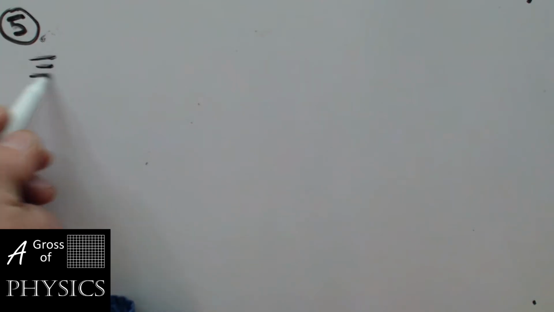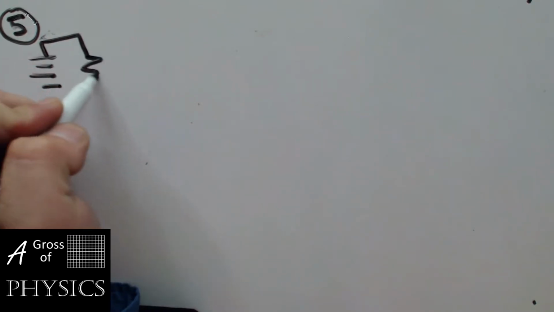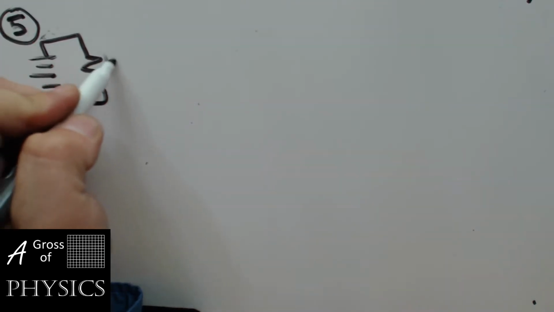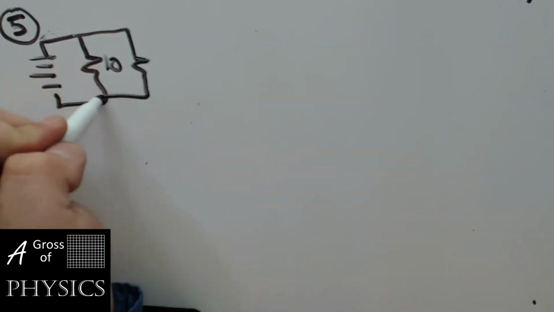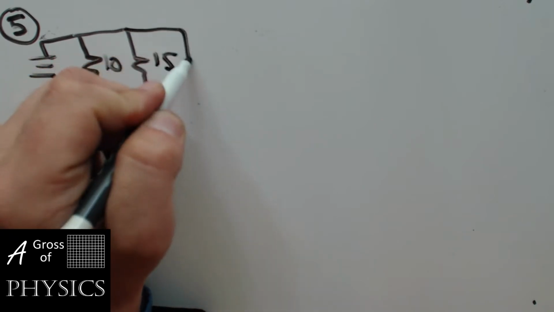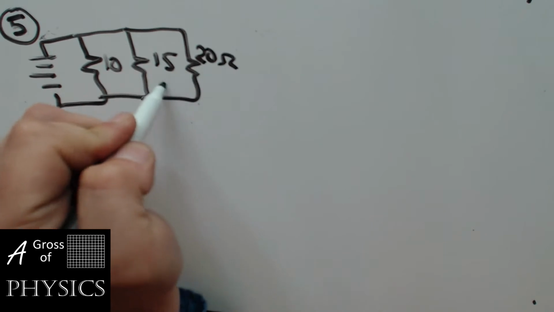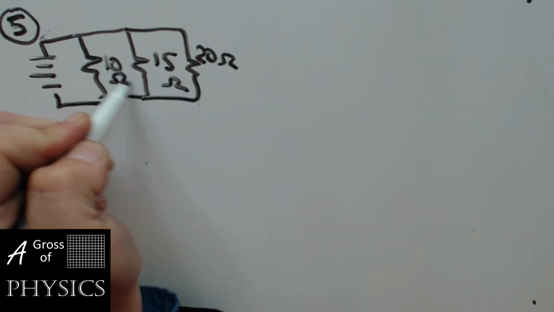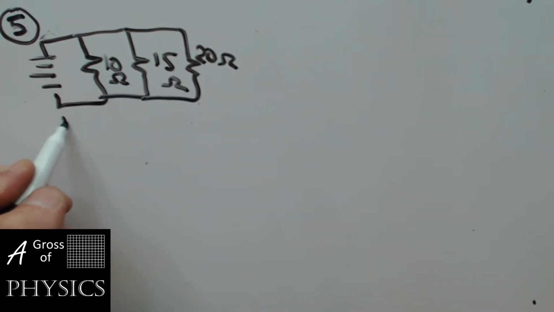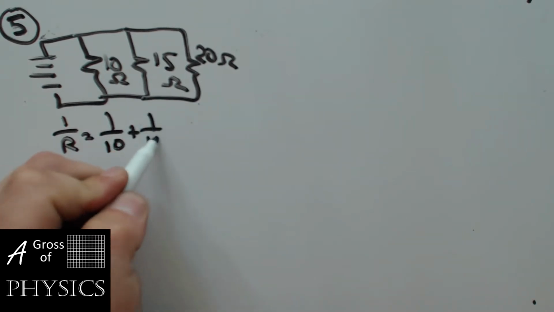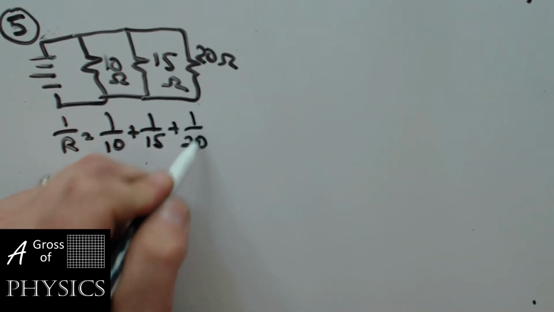All right, number 5. So we have a circuit where we have a parallel set of resistors. And we have a 10, a 15, and a 20 ohm resistor. So we're going to do 1 over R equals 1 over 10 plus 1 over 15 plus 1 over 20.